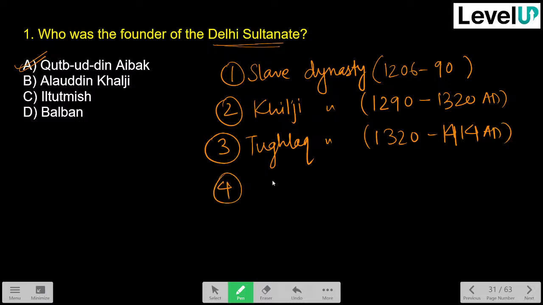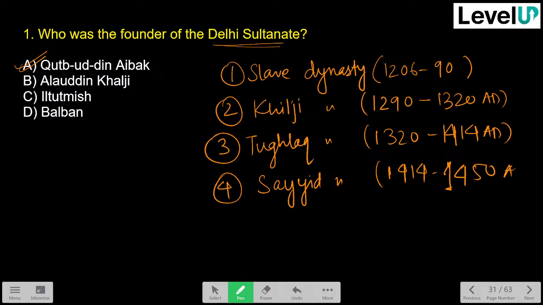Fourth was the Sayyid dynasty, the least famous here, you can say. The Sayyid dynasty was from 1414 to 1450 AD.